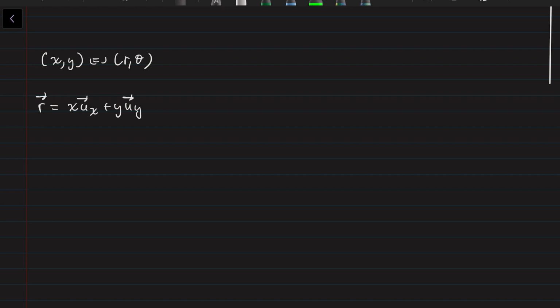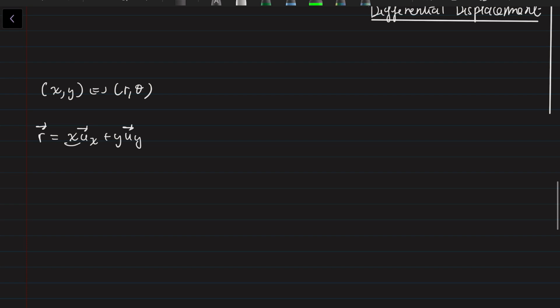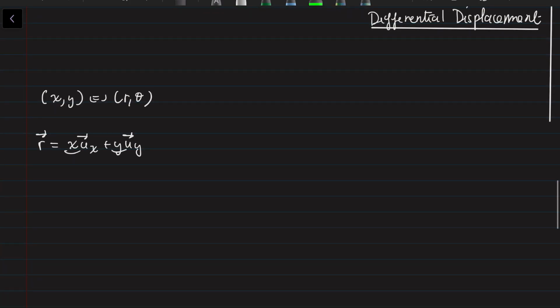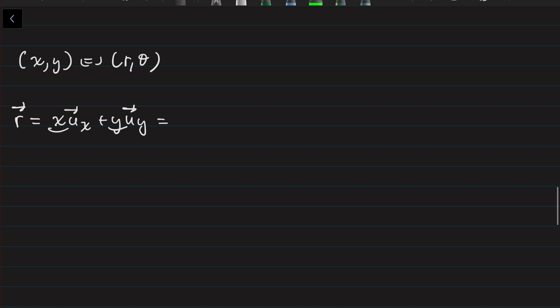So all we have to do to find the position vector in polar coordinates is to plug in for x and y the expressions we found in terms of r and theta. So we replace x by r cosine theta and y by r sine theta. That gives me r cosine theta u_x plus r sine theta u_y.